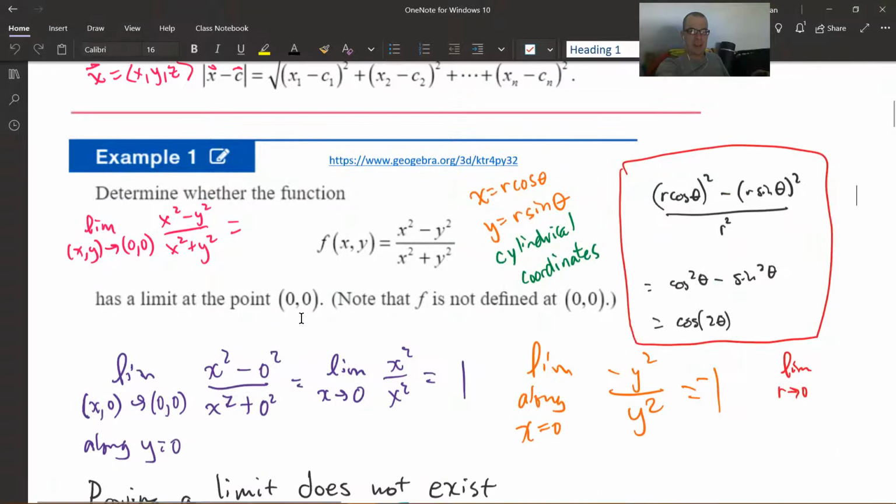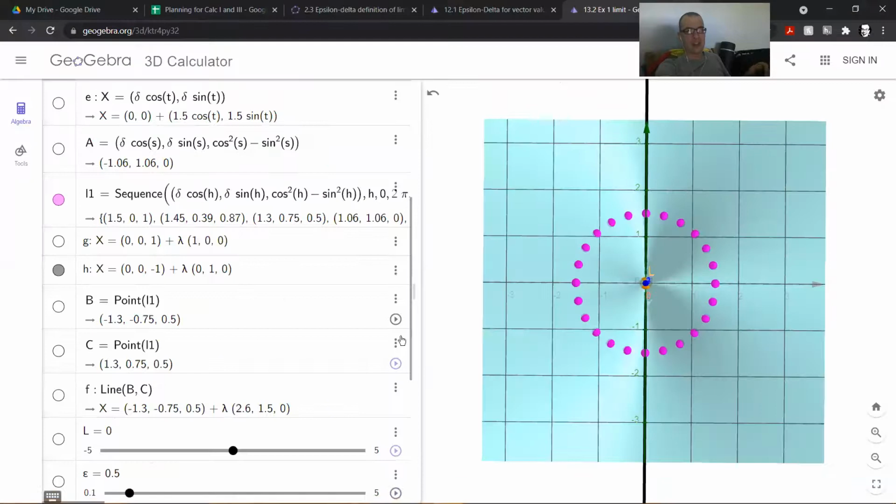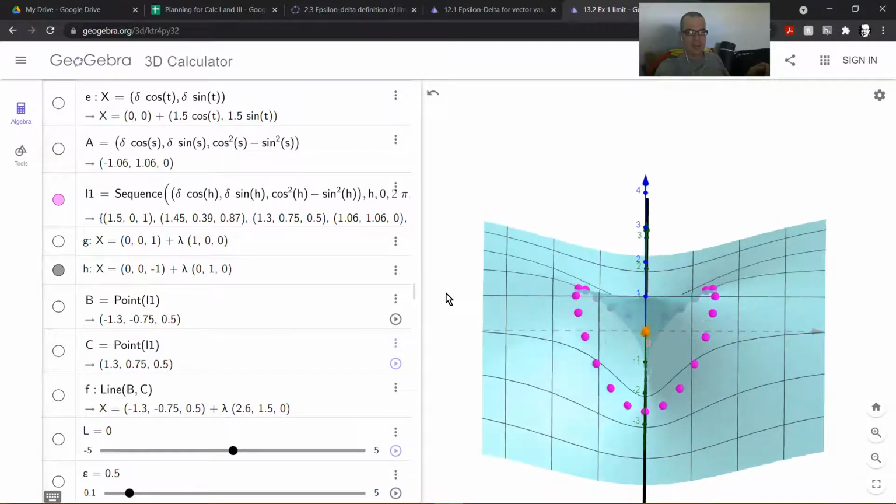And the paths that we chose here, the x-axis and the y-axis, were not necessarily special. They were just convenient. I think I chose 2 points on this and made a line in between them as well.